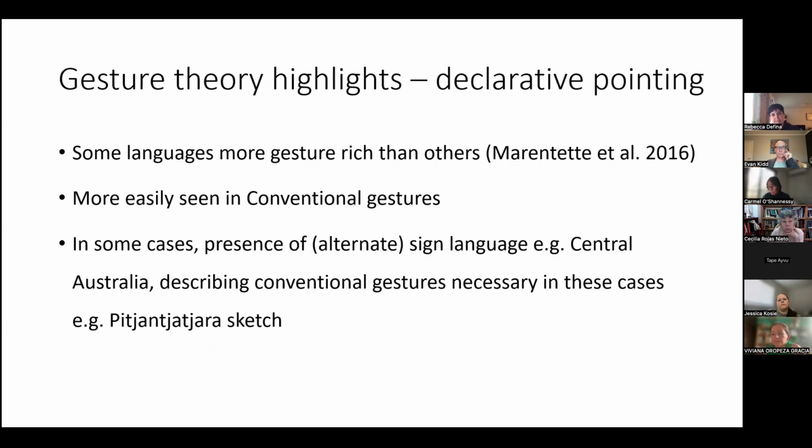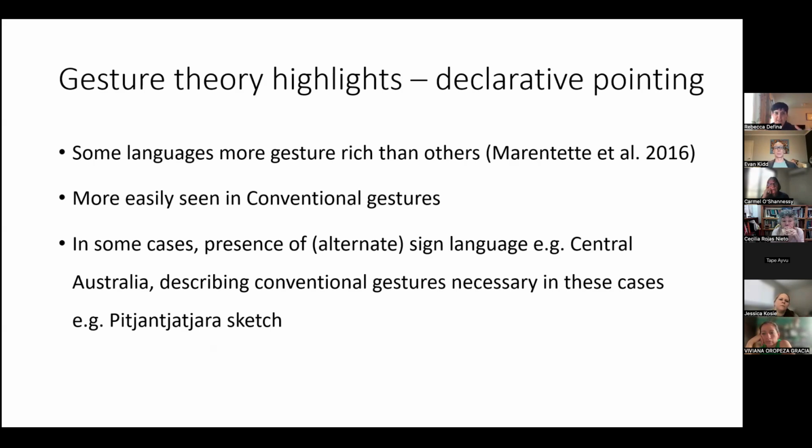And in some cases, this is potentially more extreme or more interesting for other reasons, when there's a sign language that's also present in the community. So this could be cases of bilingualism between sign and spoken languages, or cases where there's an alternate sign language that's used in the community, like in Central Australia.